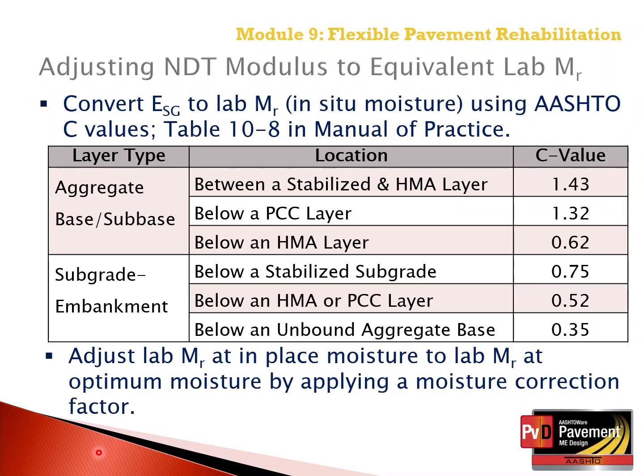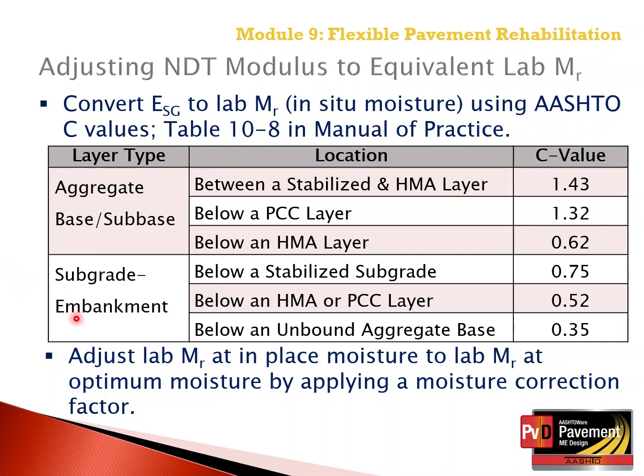This slide shows Table 10-8 in the MEPDG Manual of Practice. The C factors, as shown here, basically convert the elastic modulus of the subgrade and or base to a laboratory measured modulus at the in situ moisture content and dry density using the AASHTO C factors.